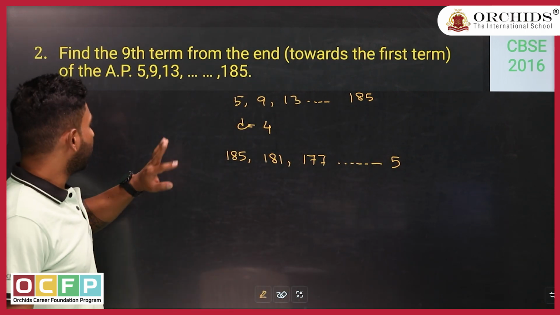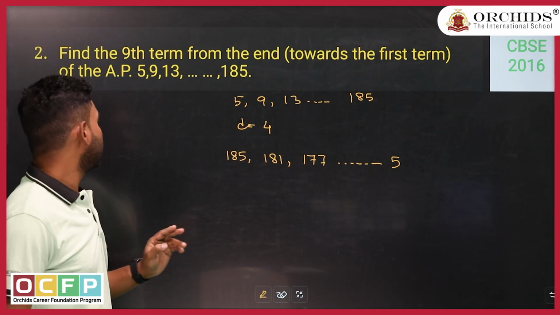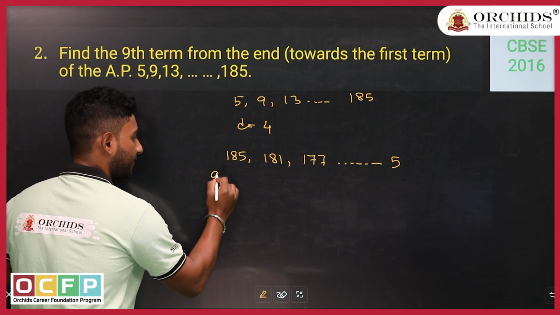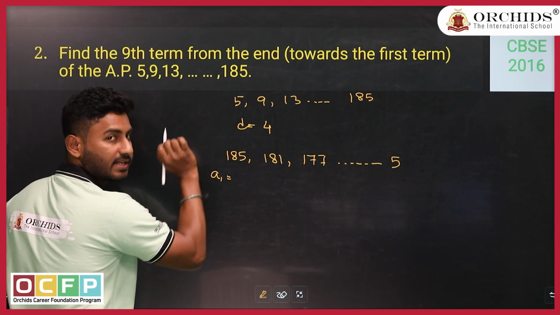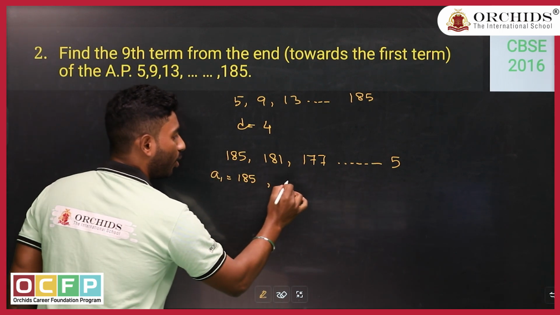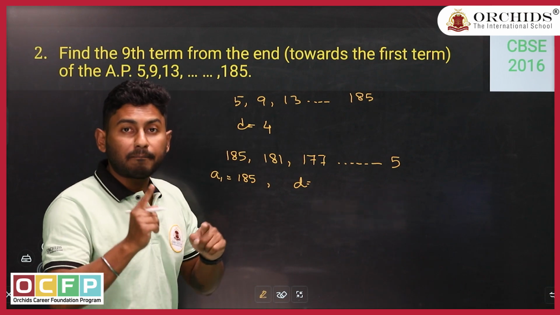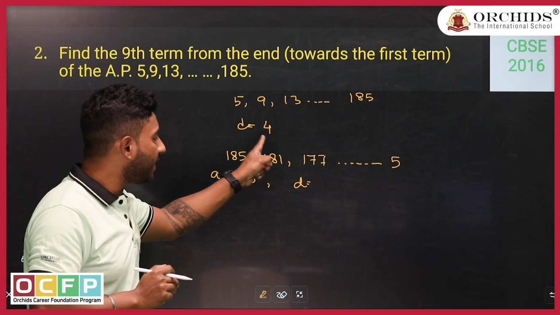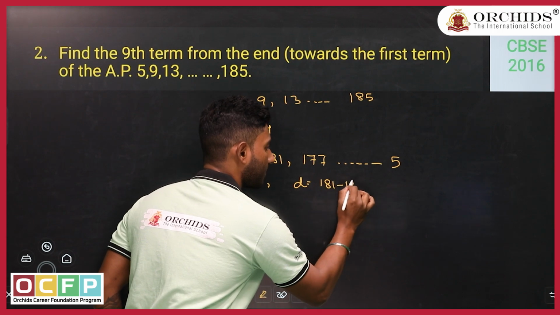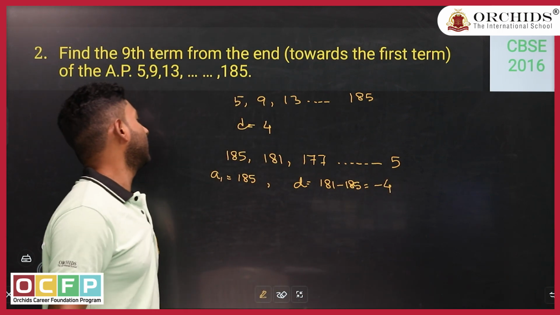Clear? Now for this particular series we will solve the question. Now they are asking for the 9th term from the end. Fine. So what is the first term in this series? 185. Fine. What is the common difference here? It will be 181 minus 185. If you see 181 minus 185, it will be how much? Minus 4, correct? Okay.